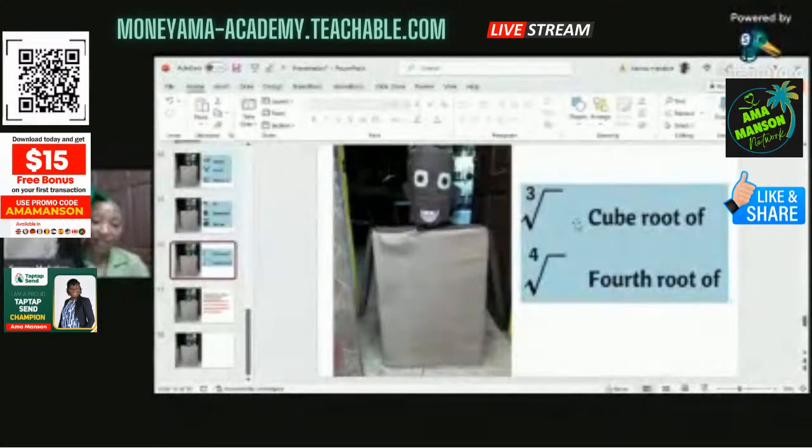The reverse of that will be the cube root of 27 is 3. Likewise, if I raise 2 to the fourth power, if I multiply 2 by itself 4 times, 2 times 2 times 2 times 2, I'm going to get 16. So the fourth root of 16 is 2, and so on. So any number can go here. And these are operations that you can do if you have your calculator.